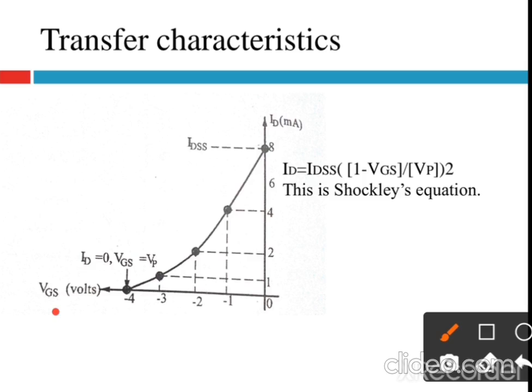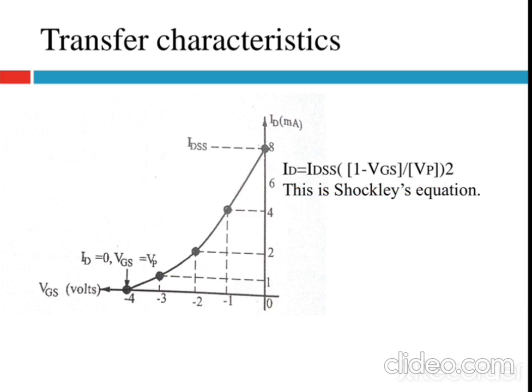The relationship between ID and VGS is defined by Shockley's equation: ID is equal to IDSS into bracket 1 minus VGS upon VP, whole squared. This is the relation between ID and VGS. So this is about the transfer characteristic of JFET.